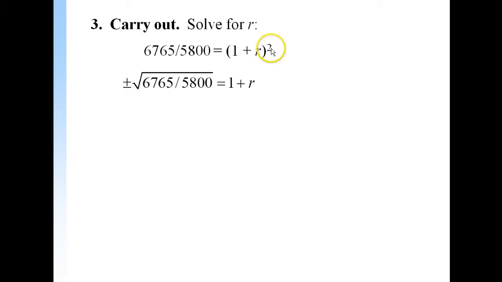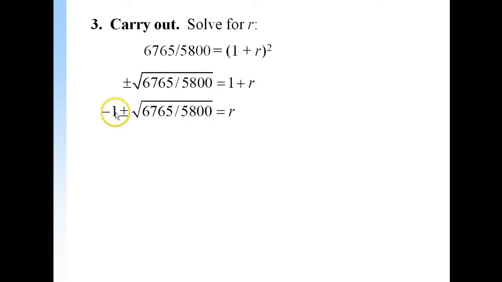That gives us, since we have a 2 here, the square root of this side, and plus or minus the square root of the other side. It takes away the exponent now, and we get that. Now we're going to subtract 1 from both sides, and we get R equals this.